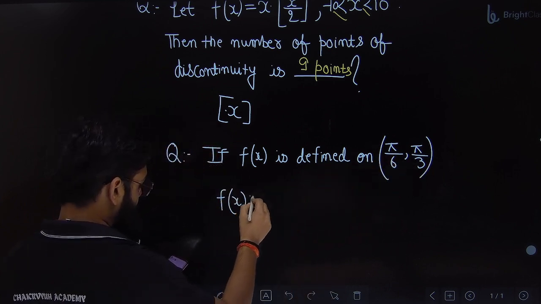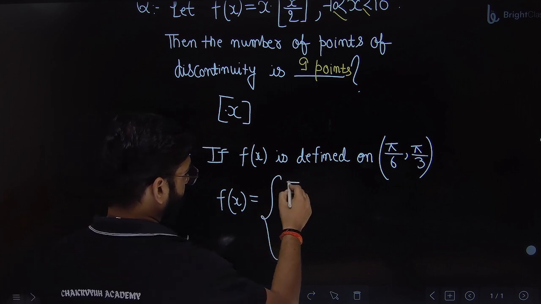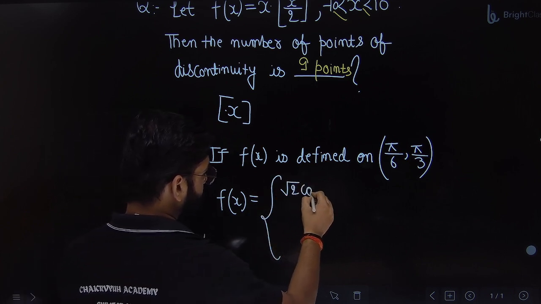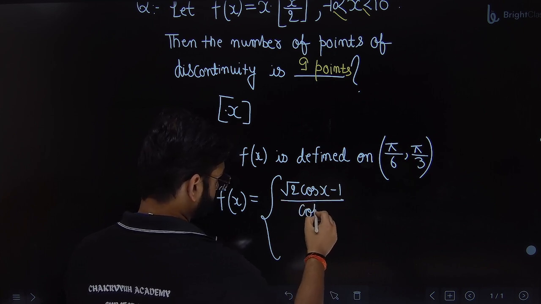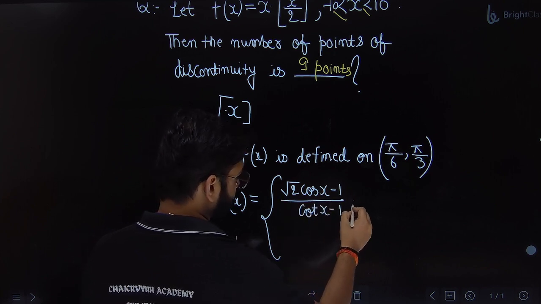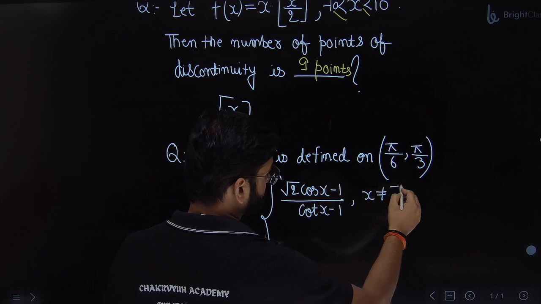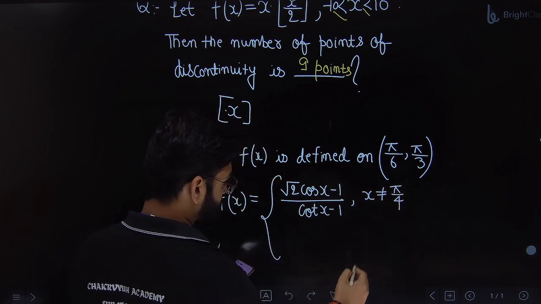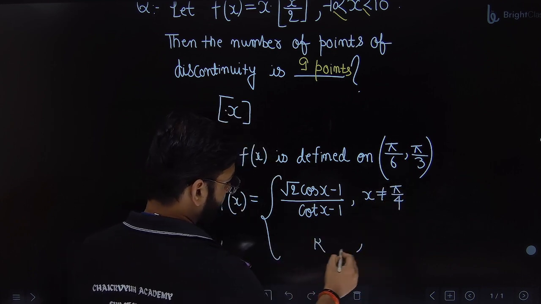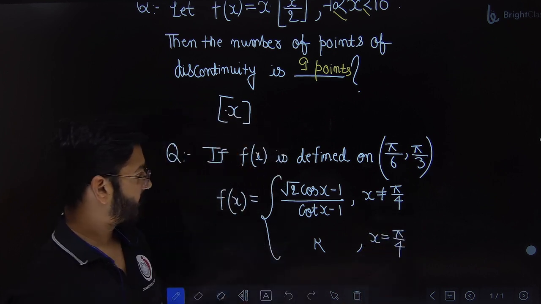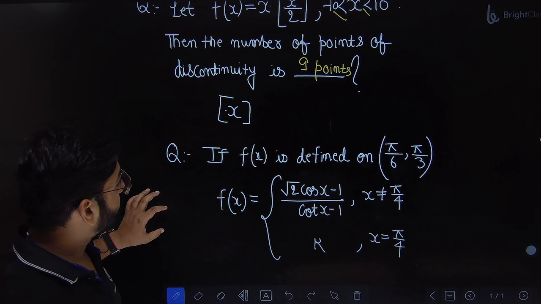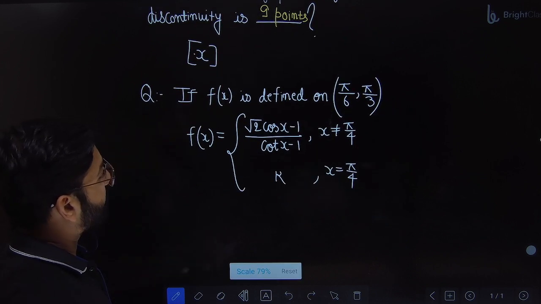And f of x is equal to root 2 cos x minus 1 divided by cot x minus 1 when x is not equal to pi by 4, and is k when x is pi by 4. So you need to find the value of k.